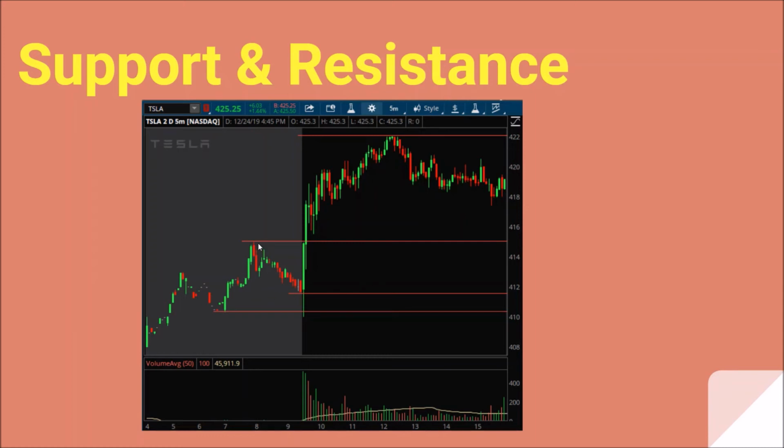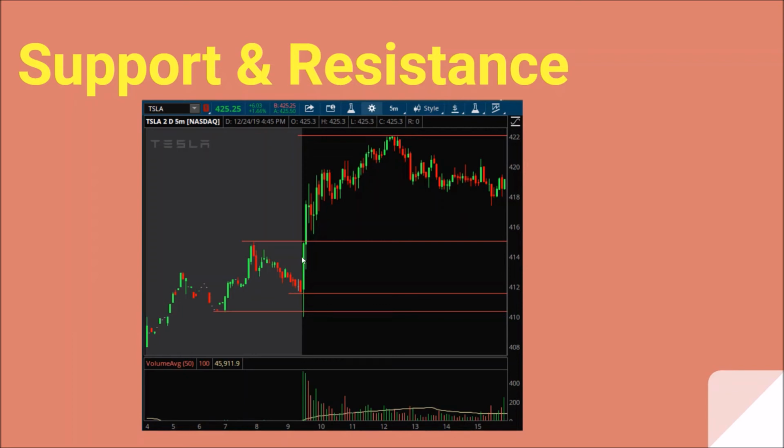We can draw support and resistance lines based on pre-market high and pre-market low, and then take a trade with pre-market low as stop, as it may act as a support.